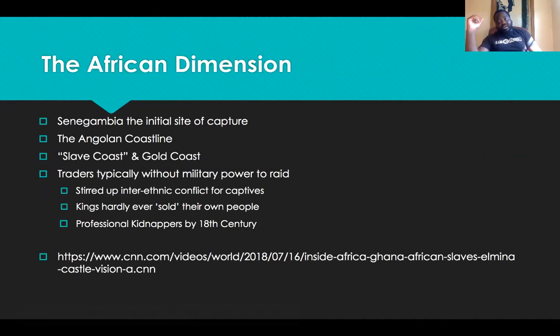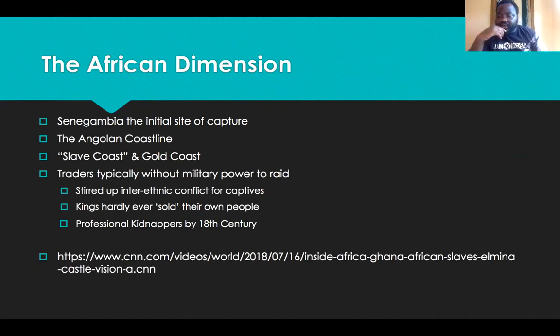Then when people started being taken into Iberia, into Portugal and Spain, that was in Senegambia. And that was also the initial site of capture in the 1500s for enslaved people who were taken into the Americas, right? And that's the Portuguese initially.